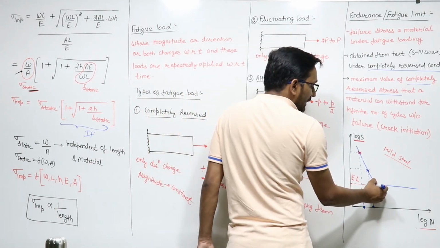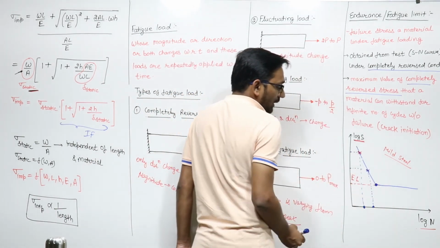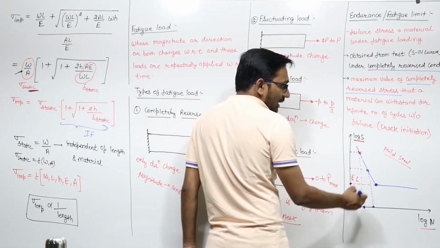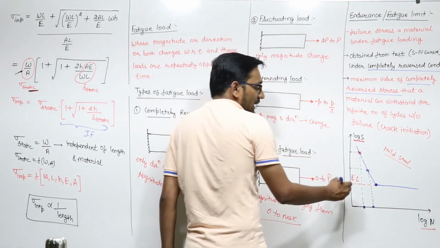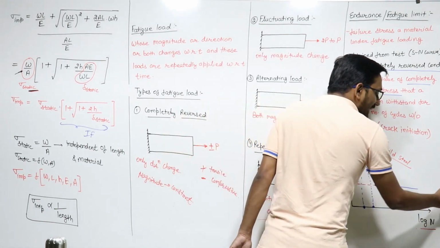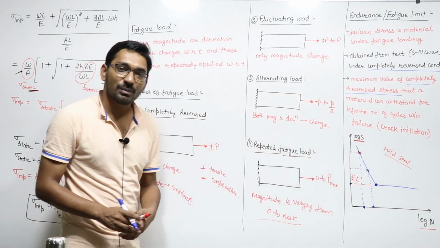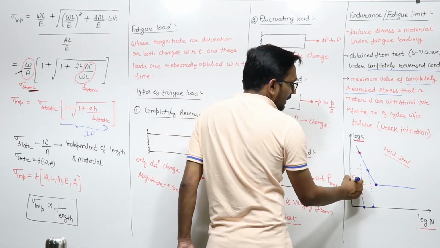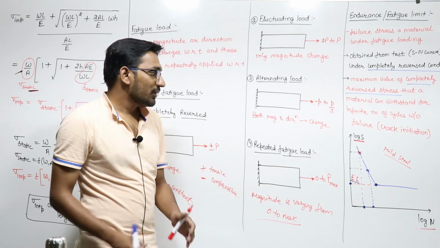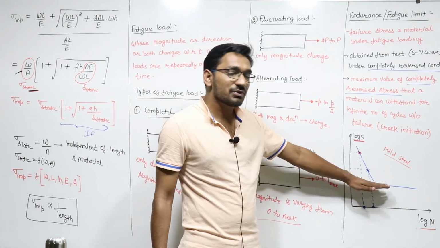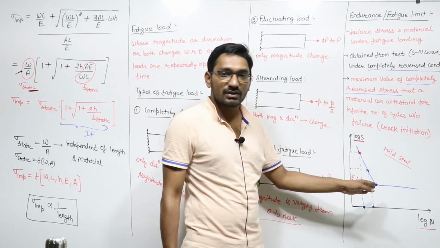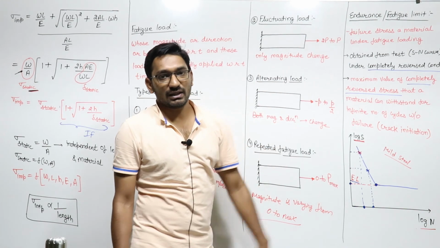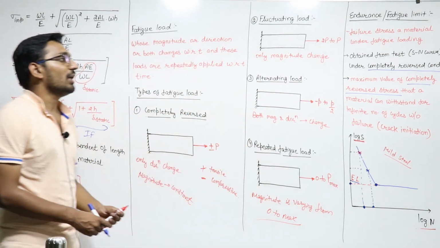After some time we reach a point where if this much amount of stress is applied on the mild steel, then this body will go for an infinite number of cycles. There should not be any failure, right? So this stress is known as the endurance limit of mild steel. You can say this is the maximum stress value this body can withstand without failure for an infinite number of cycles. So this is the meaning of endurance limit.